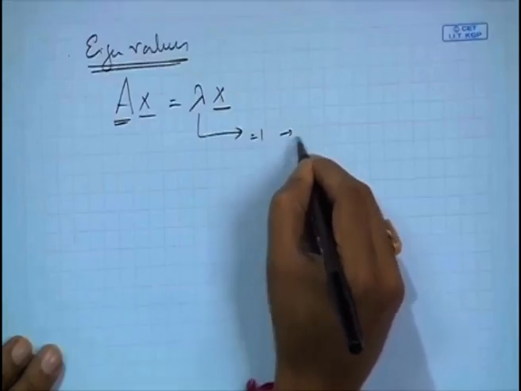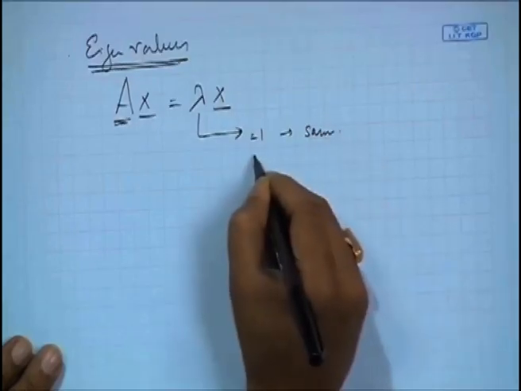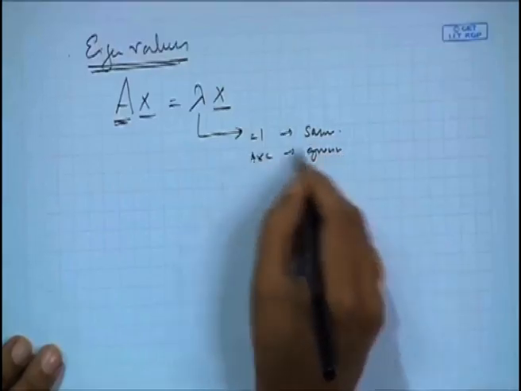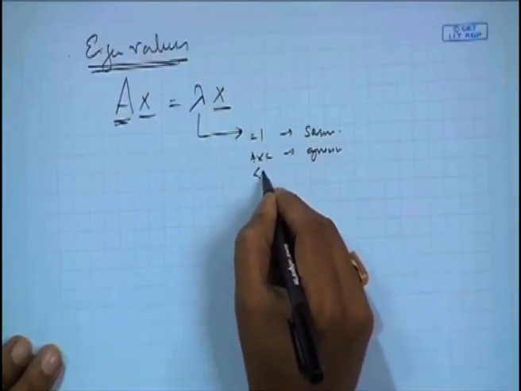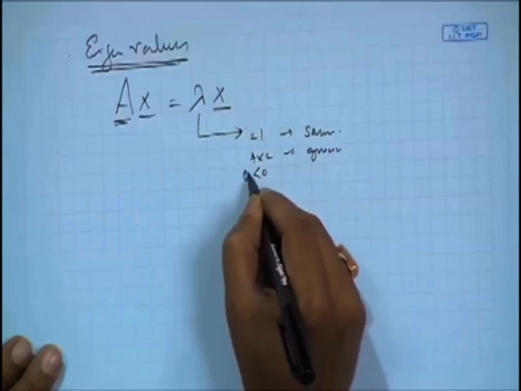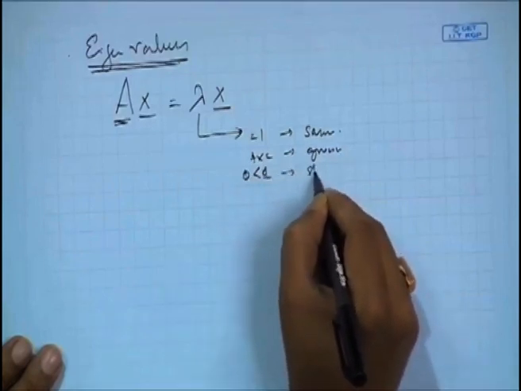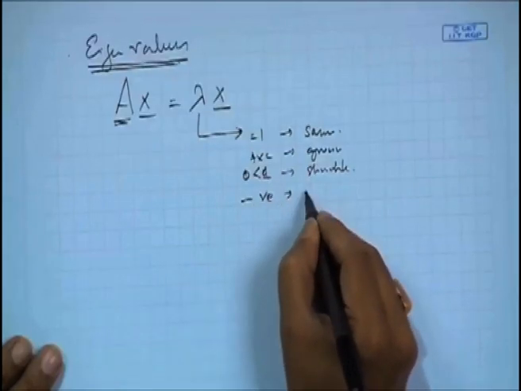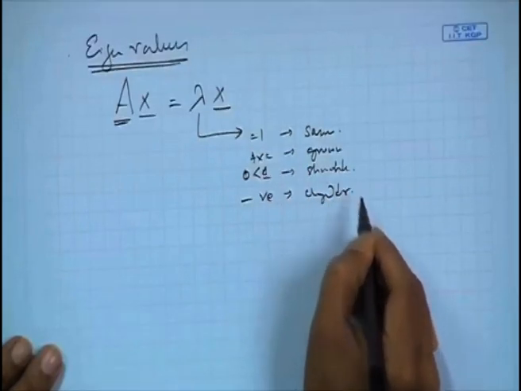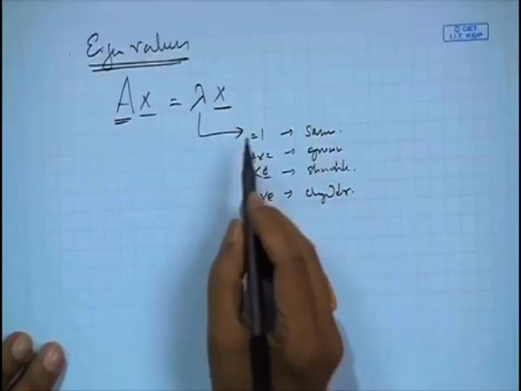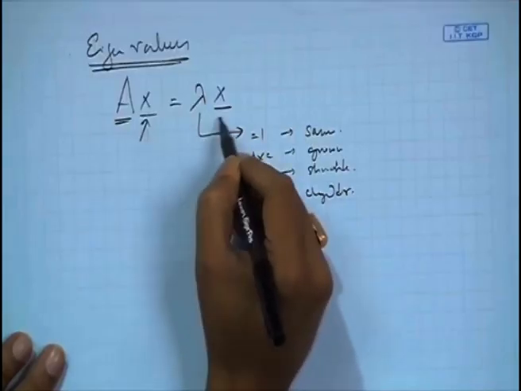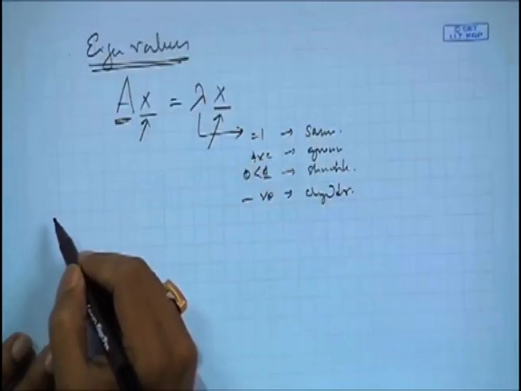So if it is equal to 1, there is no change. If it is positive and greater than 1, that means it has grown. If it is between 0 and 1, then it has shrunk, right. If it is negative, that means it has changed direction. These vectors, these x's, are known as eigenvectors.